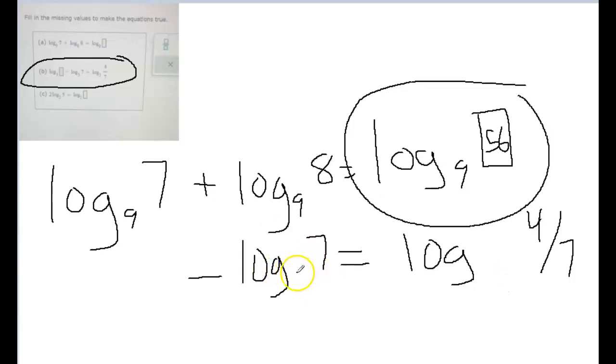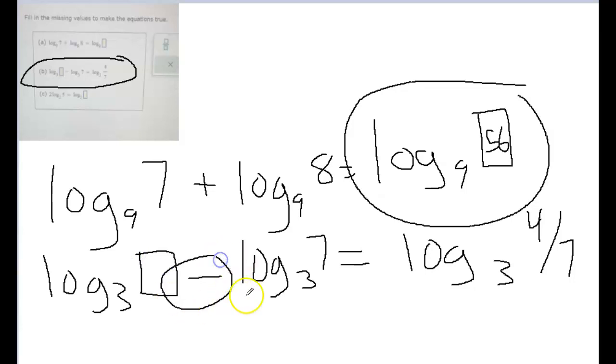Well, I think it's 3. Log base 3 of 7, log base 3 of 4 over 7, and log base 3 of some blank that we don't know. 2 things subtracted can be combined into 1 log if we divide the numbers. And so the numbers being divided here are 4 divided by 7, so this right here must be a 4. You subtract a log of 4 minus a log of 7, it can be combined into 1 log of 4 divided by 7.